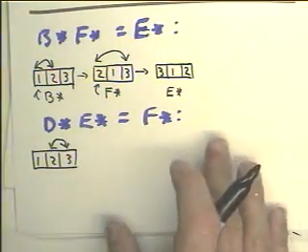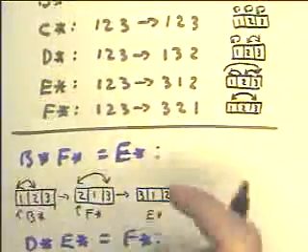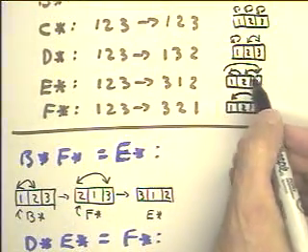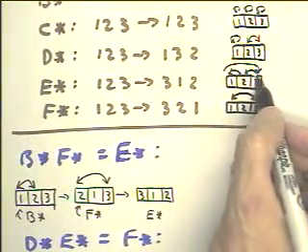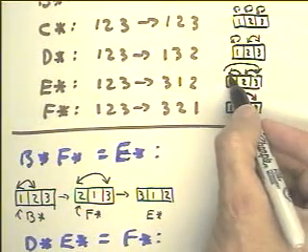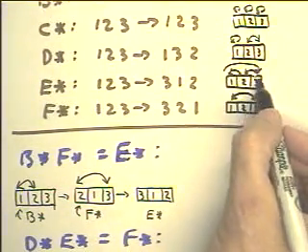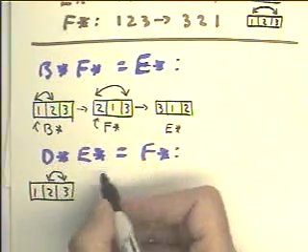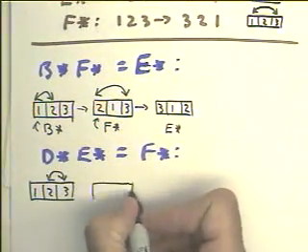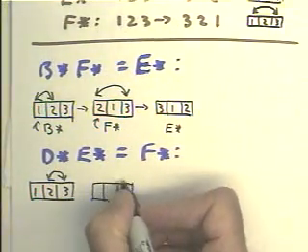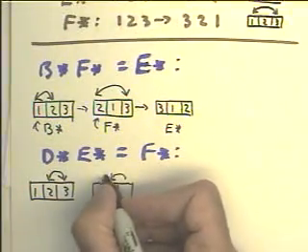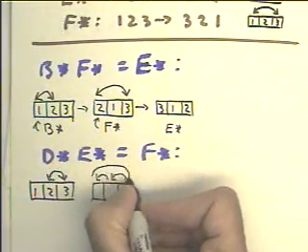And then the E star is the one that effectively moves everything to the left. 3 goes to 2, 2 goes to 1, 1 doesn't have any place to go, so it's got to go over to the other end. So this transformation is going to have this kind of a diagram.